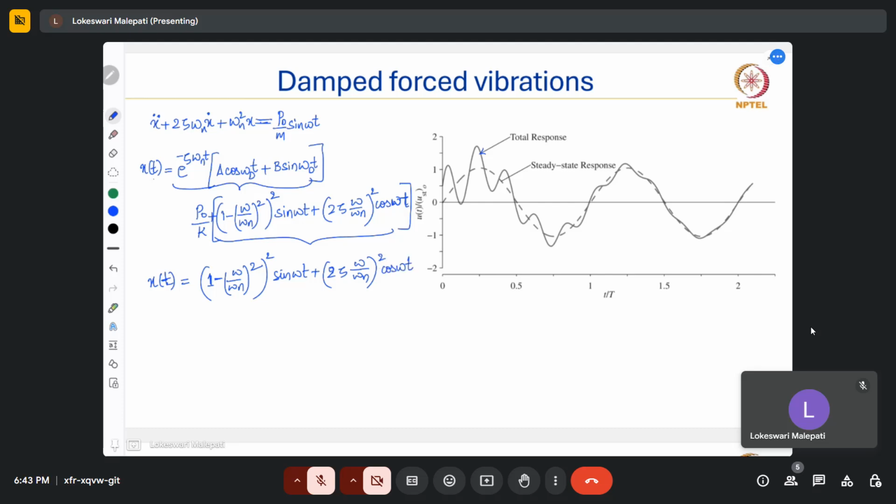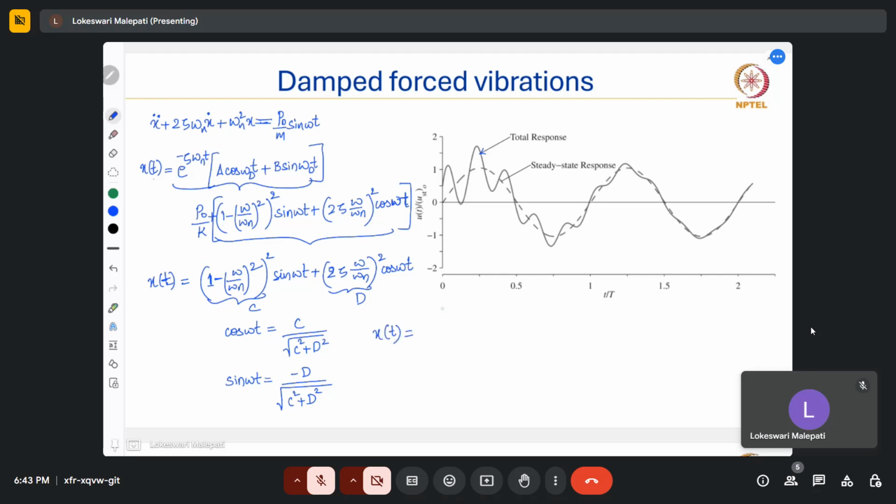Now, similar to what we have written for the free vibration response, let's assume that cos omega t is equal to this term, let's call this C and this D. C divided by square root of C square plus D square, and sine omega t is equal to minus D by square root of C square plus D square. If we make this assumption, then it can be simplified.